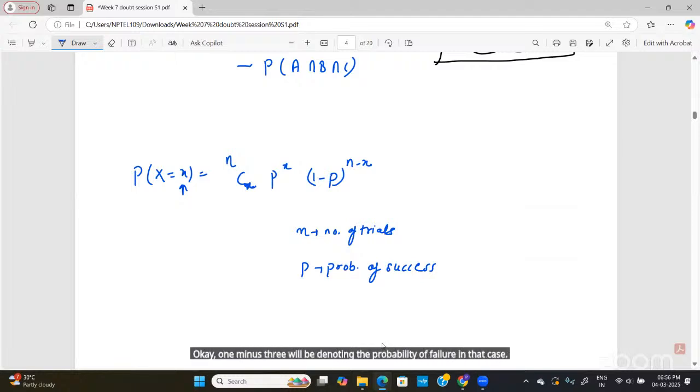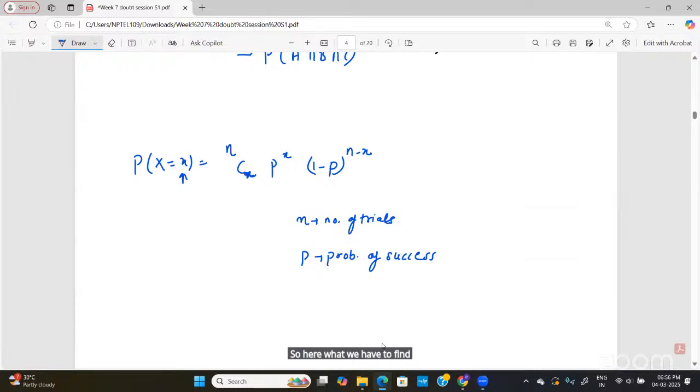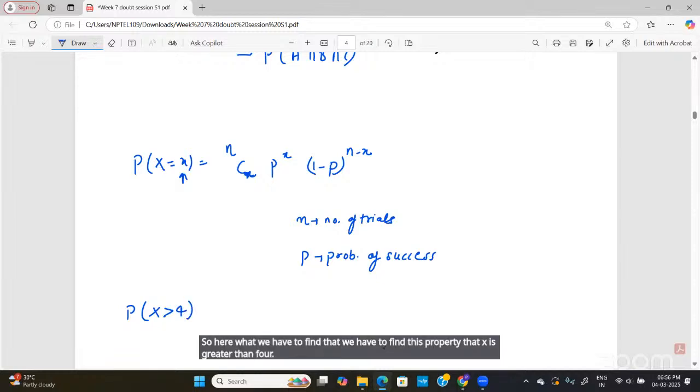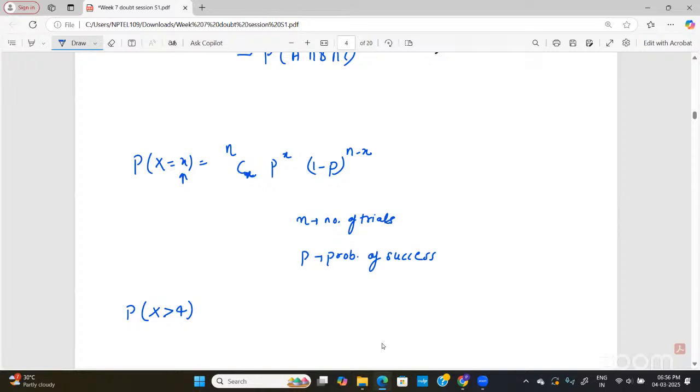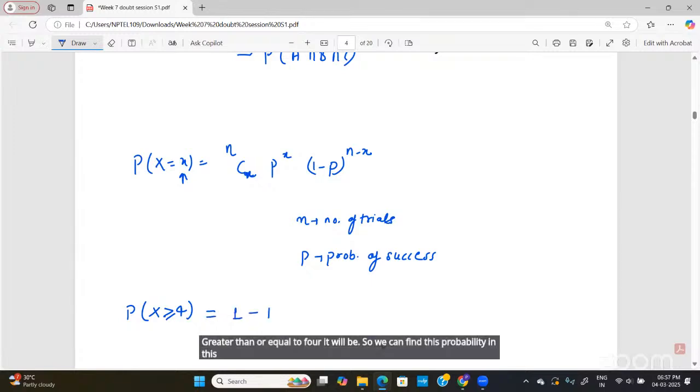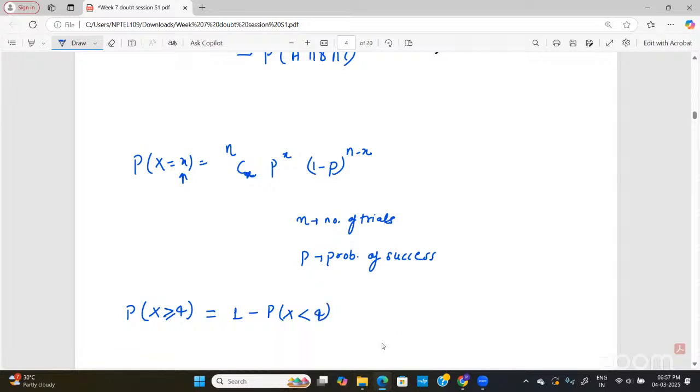So here we have to find the probability that x is greater than 4. Greater than or equal to 4 it will be. So we can find this probability in this way also: 1 minus the probability x is less than 4, right?